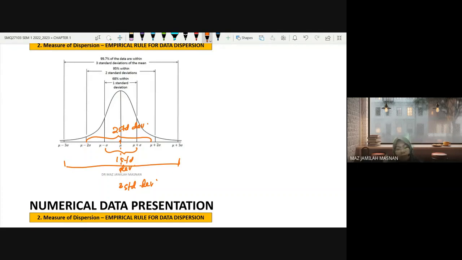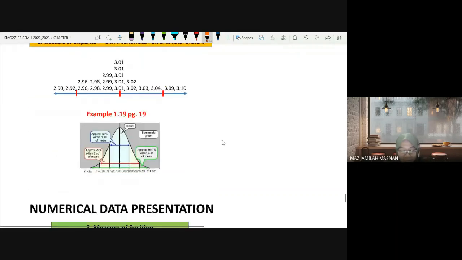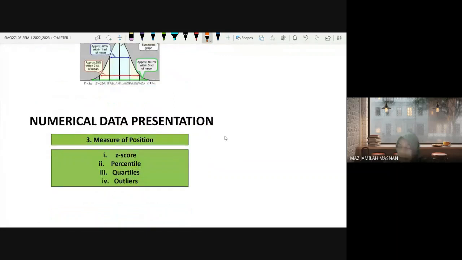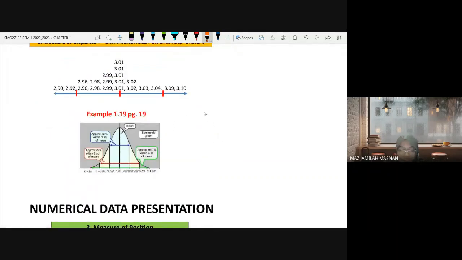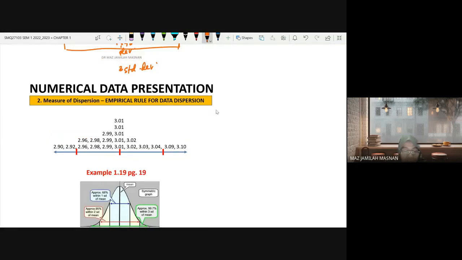Let us look at the last example before we end our class. Let us look again at our external ring here.